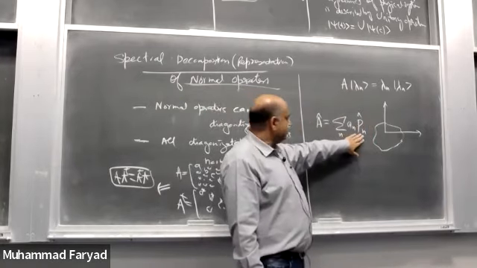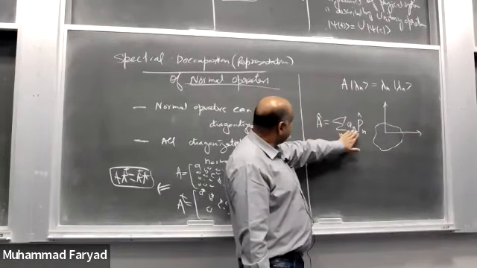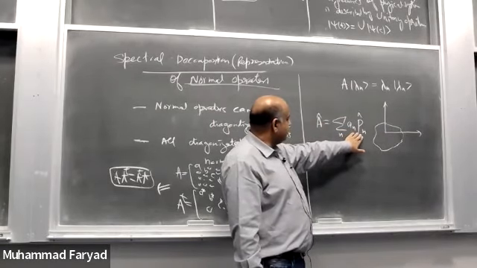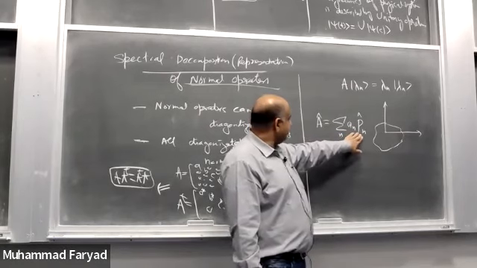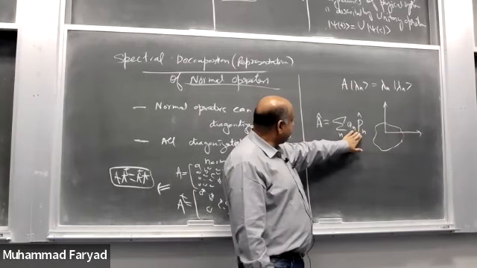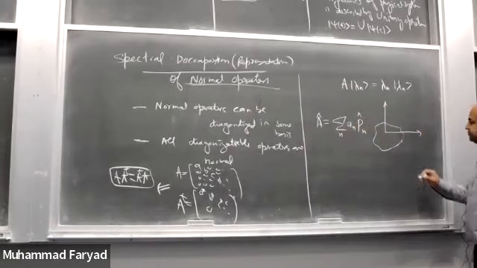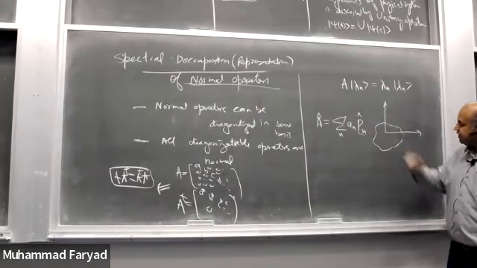Okay, so this is a general operator, and now I have expressed it as a superposition of actually projector operators. And what are these projector operators? These projector operators are like this. These are special projector operators.